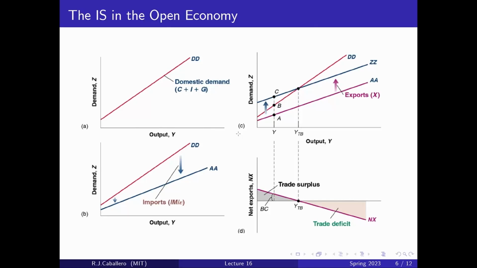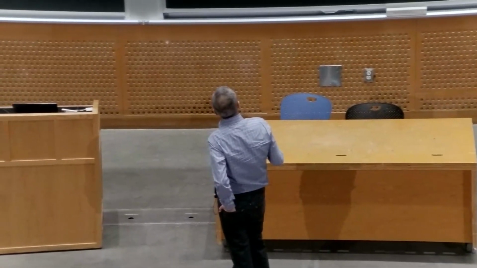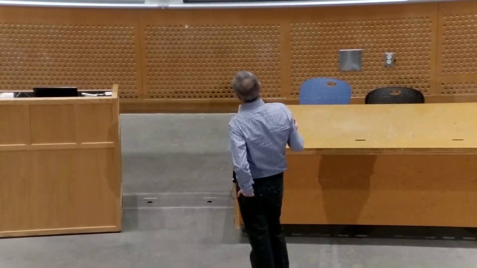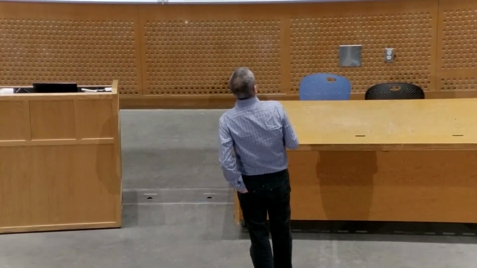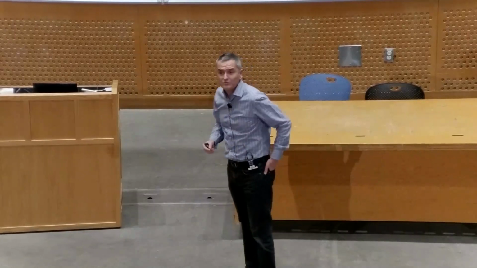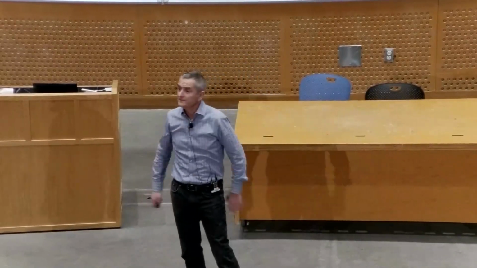Now notice one thing about this ZZ curve relative to DD. What is the most obvious difference between these two curves? DD is the one we used in lecture 2 or 3, and when we did IS-LM and all that. And this is the one we're going to use now, the ZZ. It's flatter. Why is that?